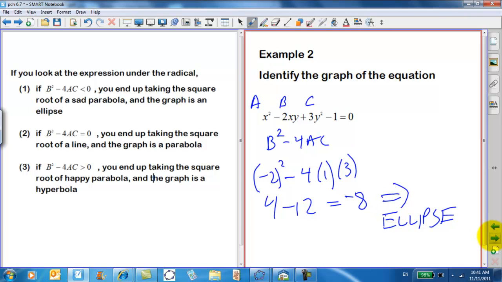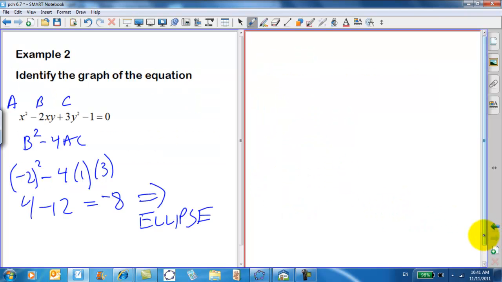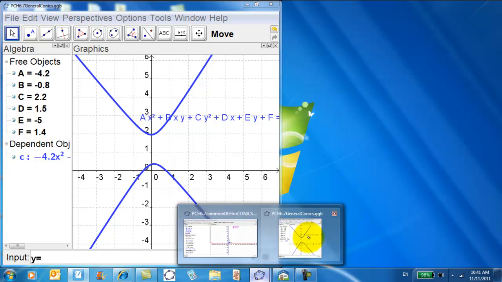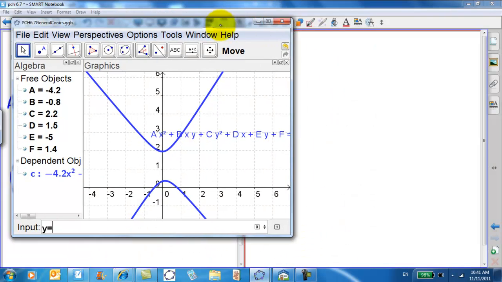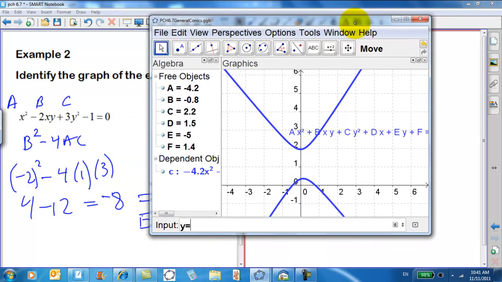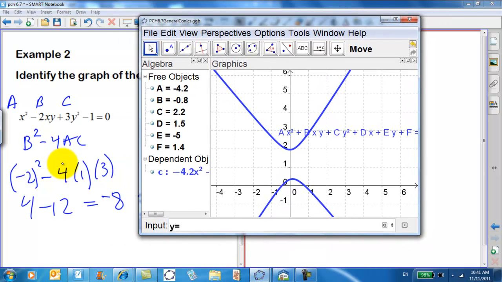Now let's test this out with the conic section graph I developed. General conics. What we want to do is change our sliders to match this, with a equals 1, b equals negative 2, c equals 3, and this is actually the coefficient f.